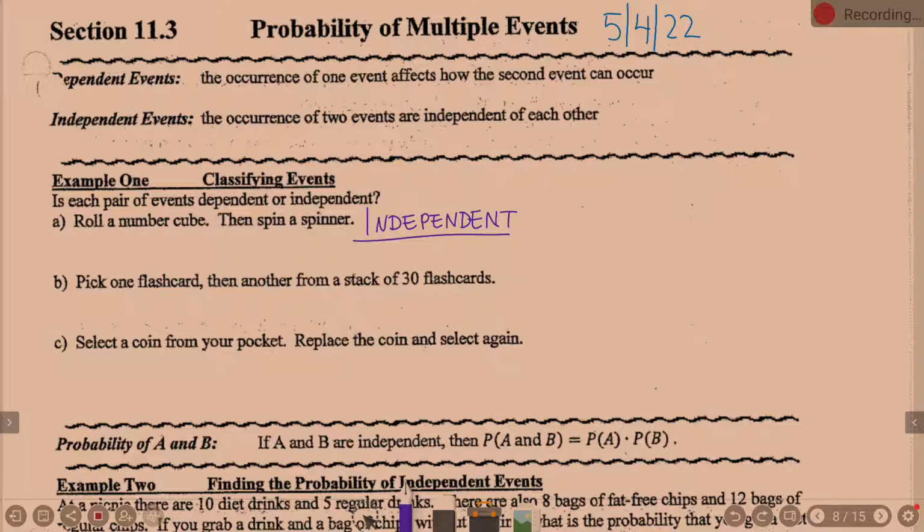Dependent. Because they are from the same pile, does it make sense to say dependent? If I pick that first flashcard, do I have exactly the same choices the second time around? No, I have one less choice. So this is an example of dependent.